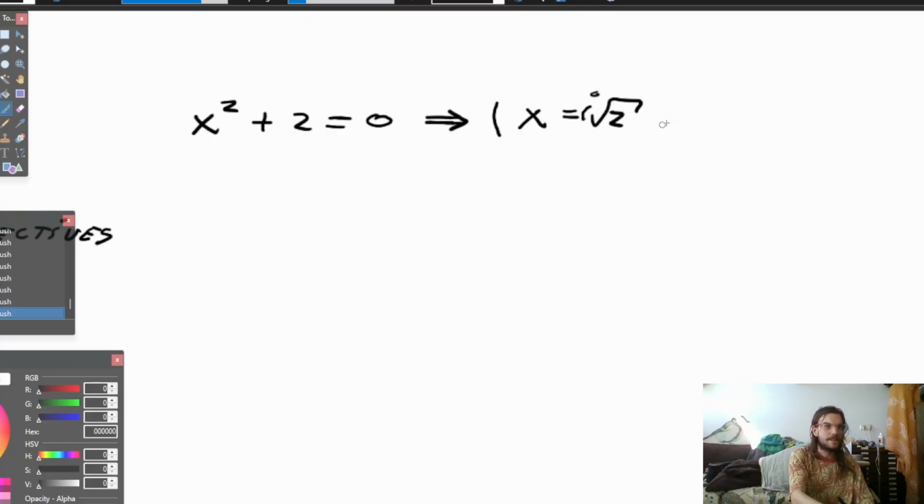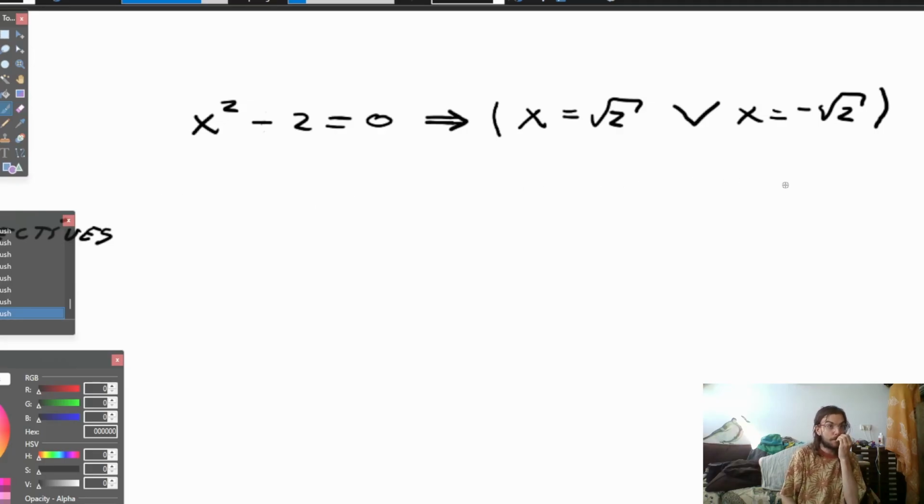X is an imaginary number. Wait, let me change this around because I don't want to confuse people who don't know imaginary numbers. We make it minus. X is the square root of 2, or x equals minus the square root of 2. So this is a full statement, and it is true.